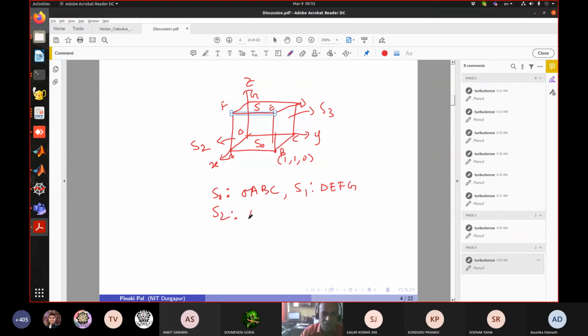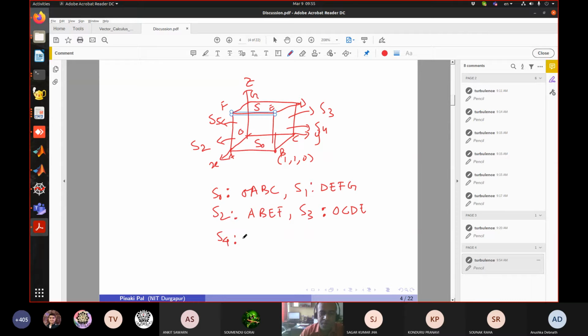So S2 is equal to ABEF. And S3, this is the back surface, that means OCDG. And this side, right hand side, S4. S4 is this one, and S5 is this one.